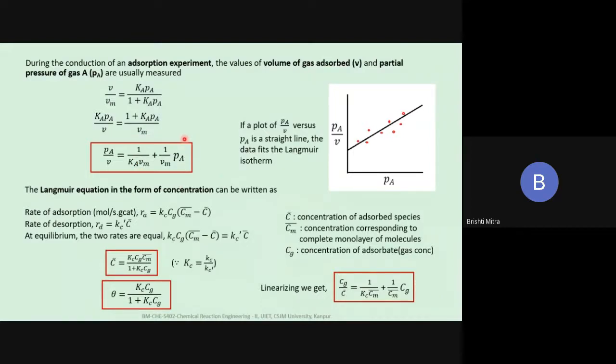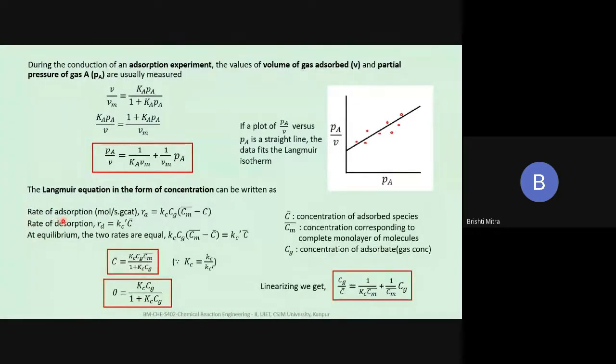Now, if I want to write the Langmuir isotherm in terms of concentration, so what do I have? In terms of concentration, when we write the rate of adsorption, the units are mole per second per gram catalyst. And what is it that we are writing? We write Kc into Cg, where Cg is the concentration of the gas, multiplied by Cm bar minus C bar.